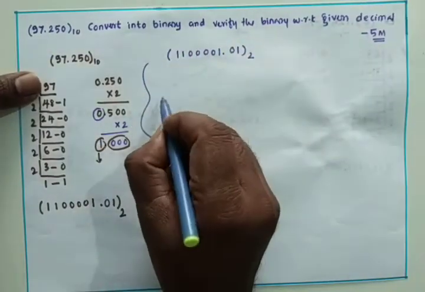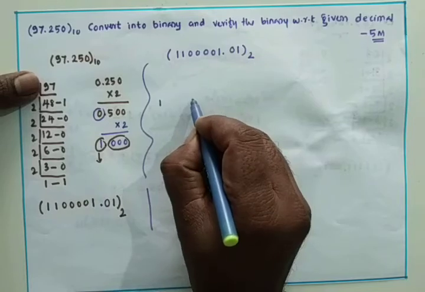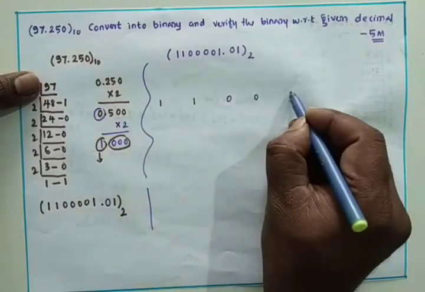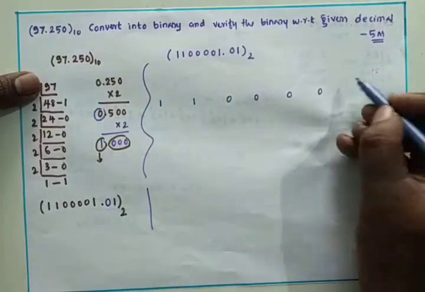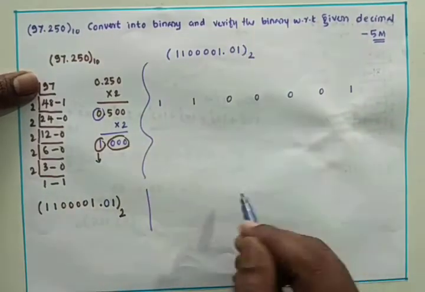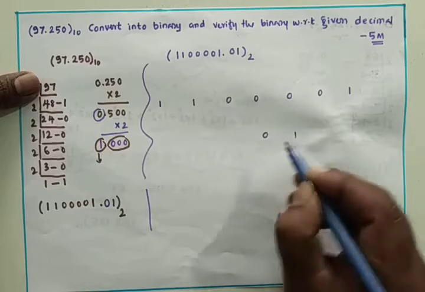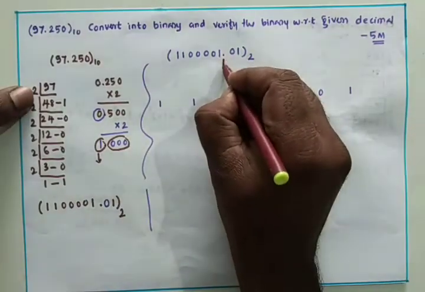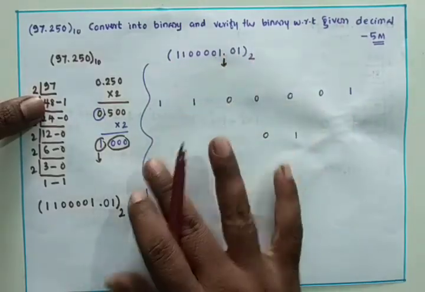Then we have to take the simple logic. First take all the values 1 1 0 0 0 0 1. Next is 0 1. From here onwards this is the base point.